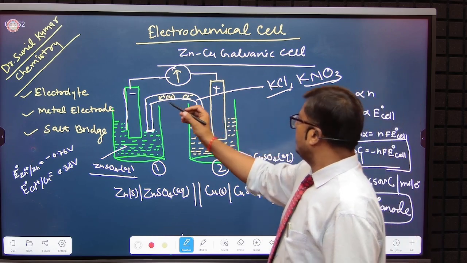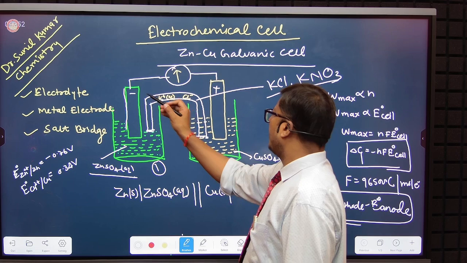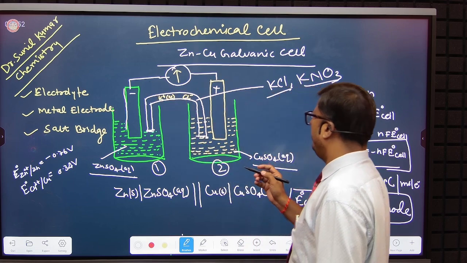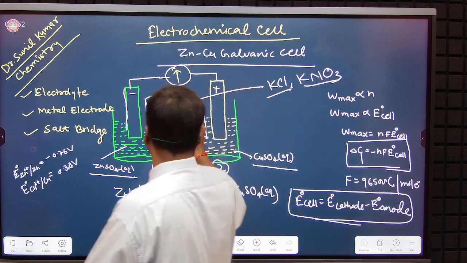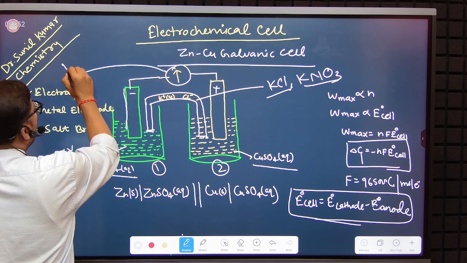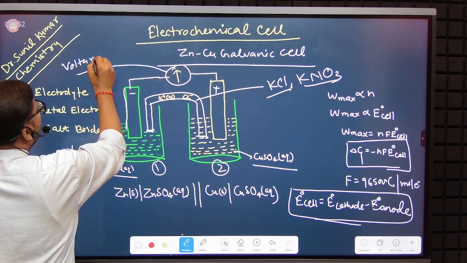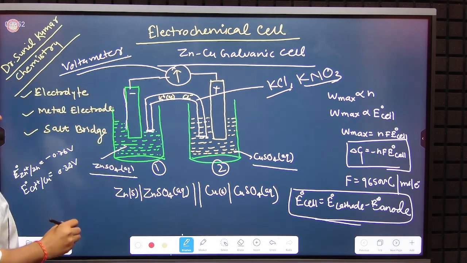And these two metals are connected by a voltmeter, right? This is the external source, the voltmeter.